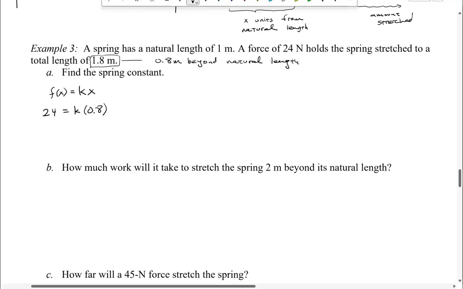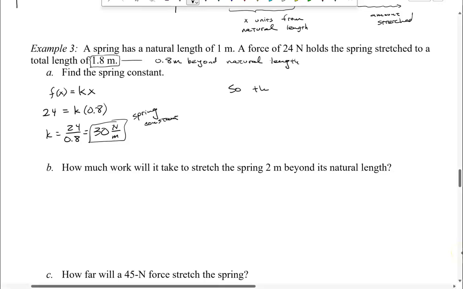And we can solve. k will equal 24 divided by 0.8, and that's going to be 30. And notice that we have newtons divided by meters. And so this is our spring constant.